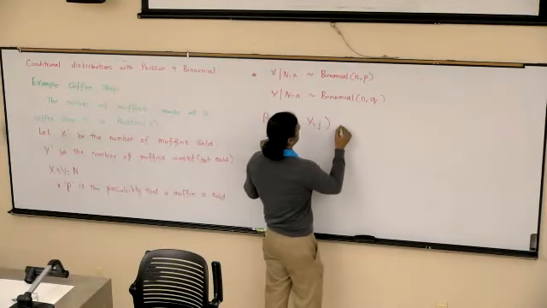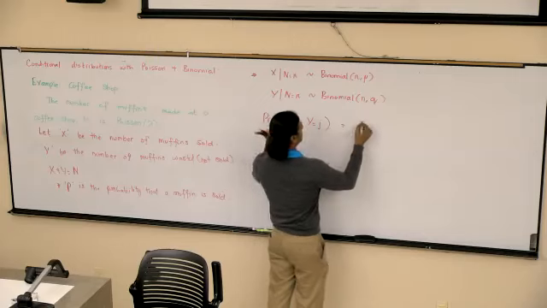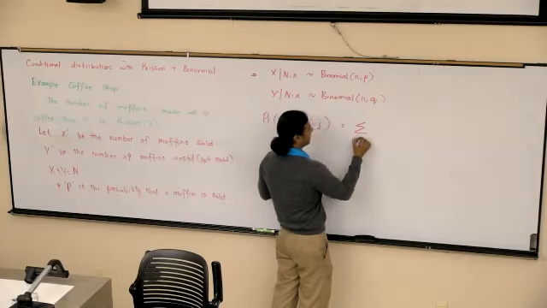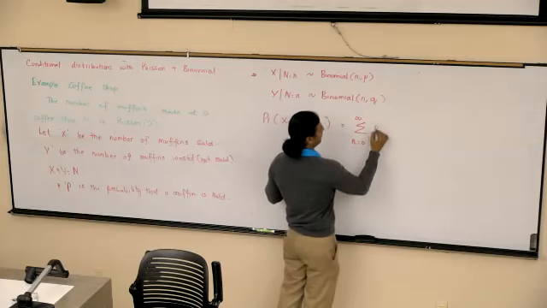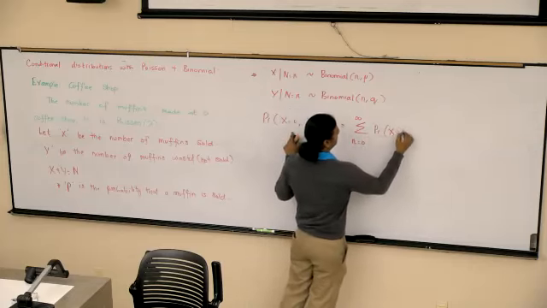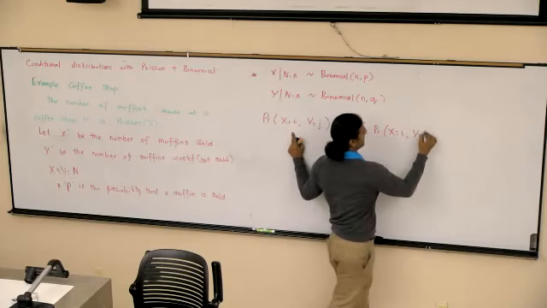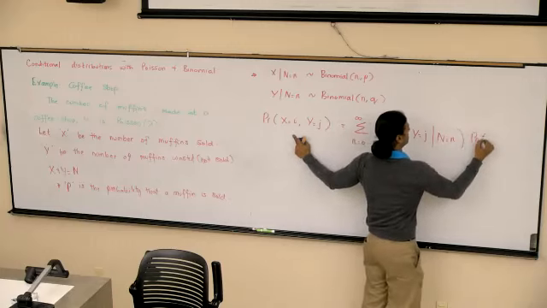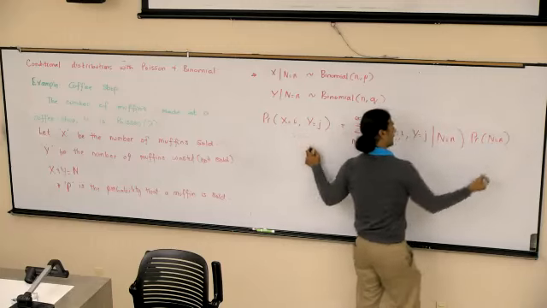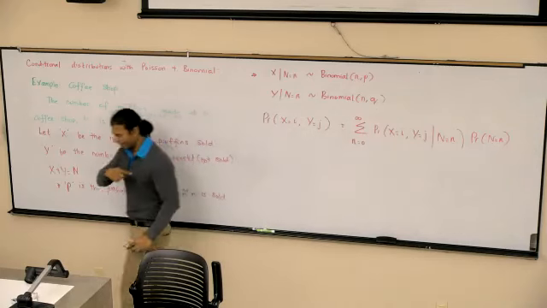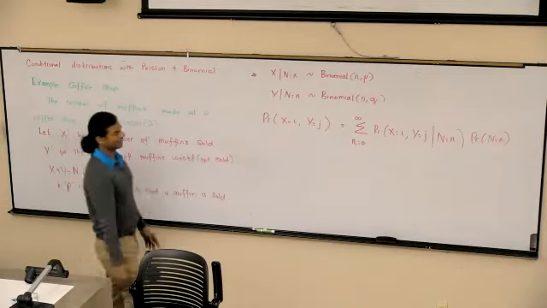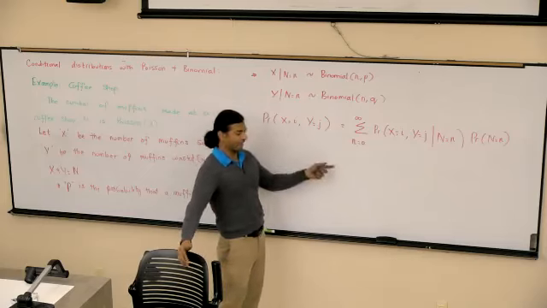So what we can do is I can say sum n equals 0 to infinity, probability of x equals i, y equals j, given n equals n, multiplied by probability of n equals n. That's why I asked that question as to what are all the possible values for such little n's, and you guys said infinite, because n is Poisson.